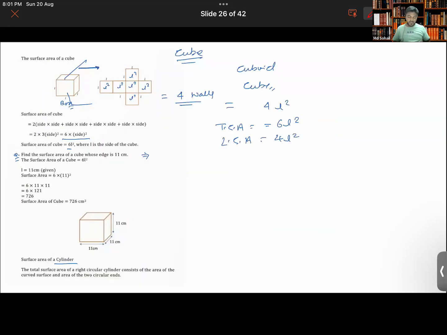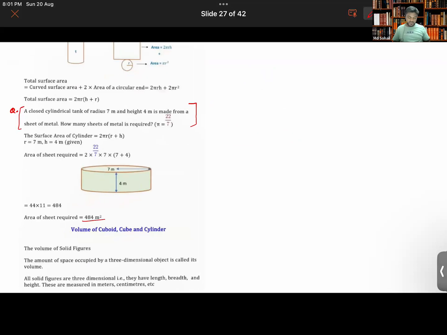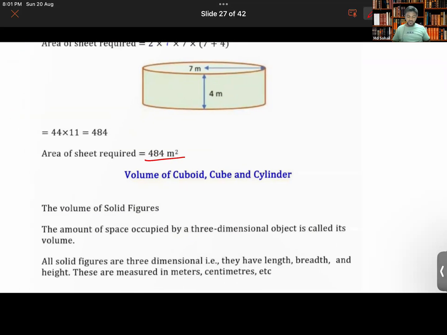Now, shall we move on to the next part of the chapter? That is volume of the cuboid, cube, and cylinder. Guys, please confirm if there are any other figures mentioned in the chapter apart from cuboid, cube, and cylinder. Are there any other figures? Just have a quick look.